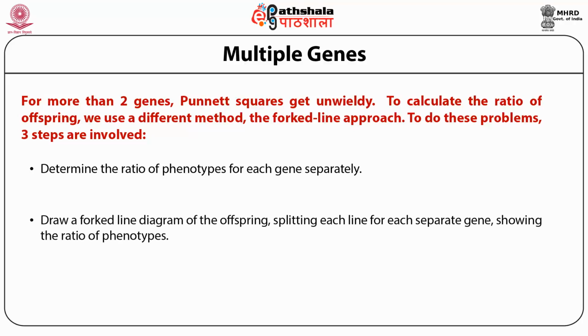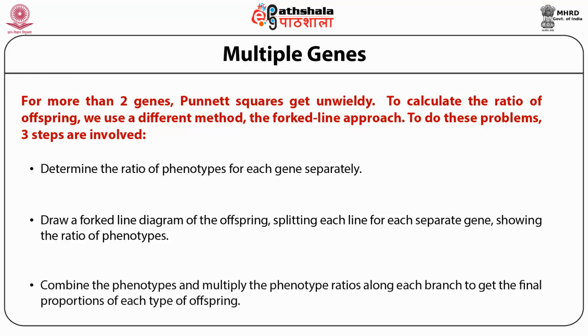Draw a forked line diagram of the offspring, splitting each line for each separate gene, showing the ratio of phenotypes. 3. Combine the phenotypes and multiply the phenotype ratio along each branch to get the final proportions of each type of offspring.